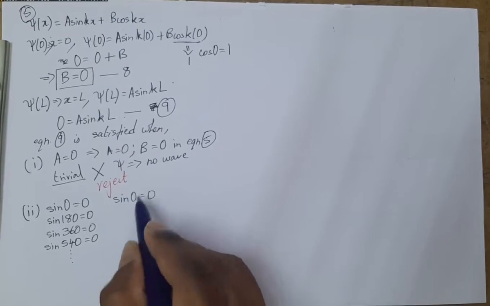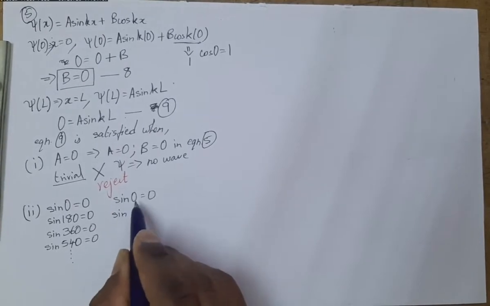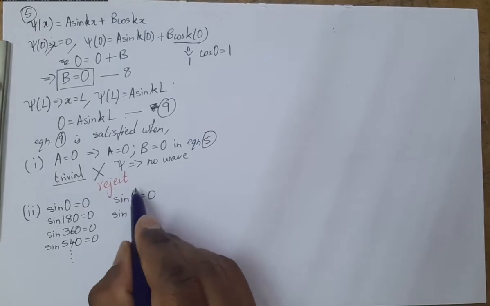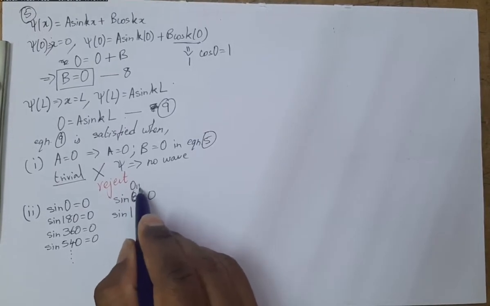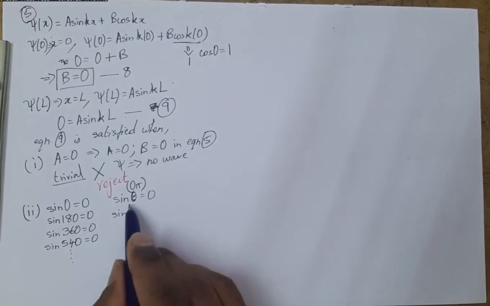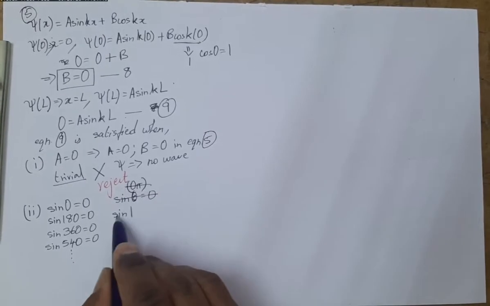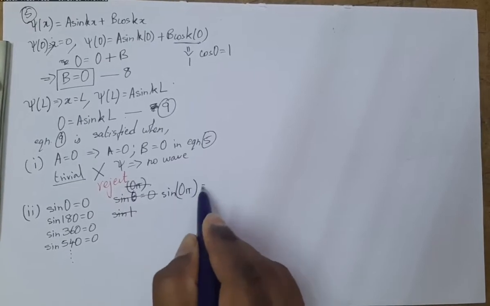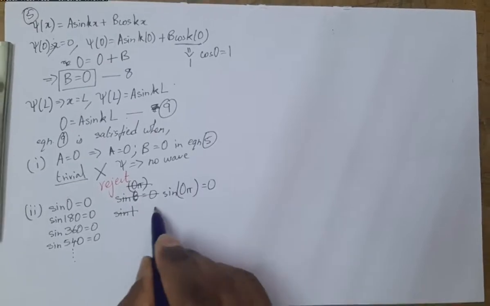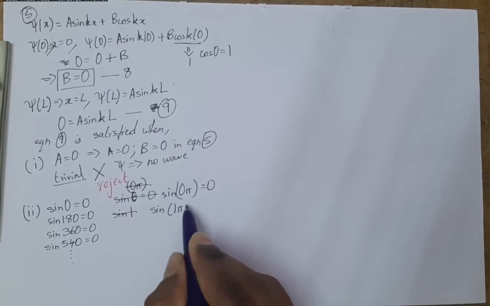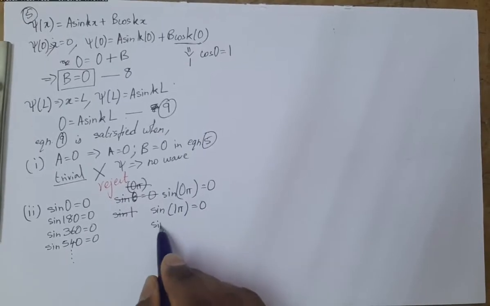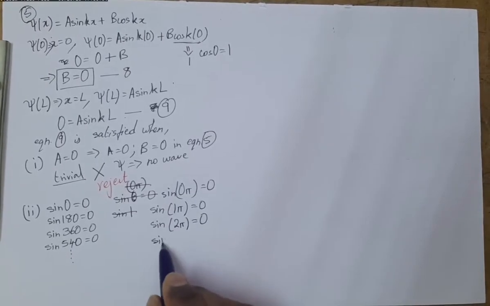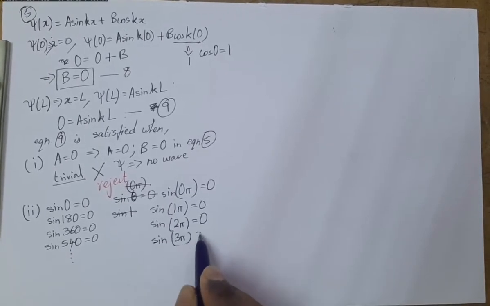We can write this as sine of 0 pi equal to 0, where 0 pi means 0 into pi. Sine of 1 pi equal to 0, sine of 2 pi equal to 0, sine of 3 pi equal to 0, and so on.